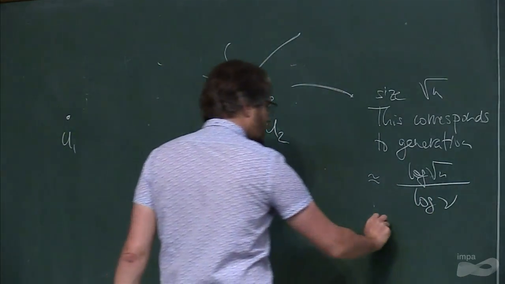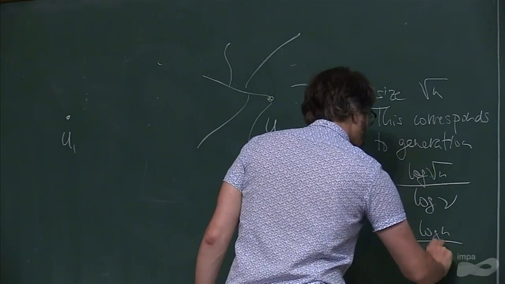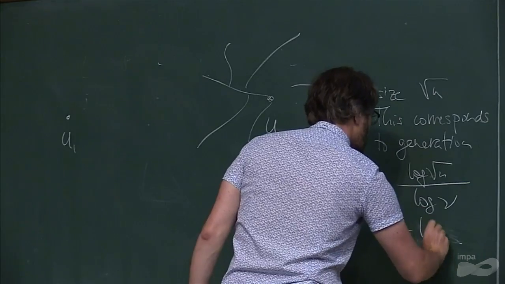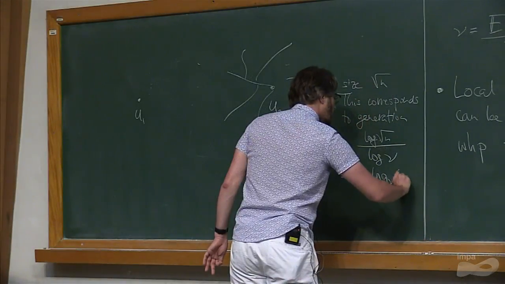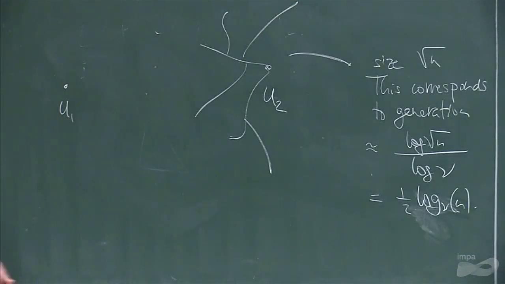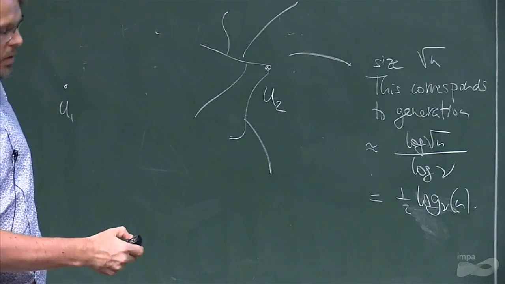And that's equal to 1/2 log n divided by log nu. Or, in other words, 1/2 log_nu of n. So that's 1/2 the graph distance that we've seen in the main theorem.